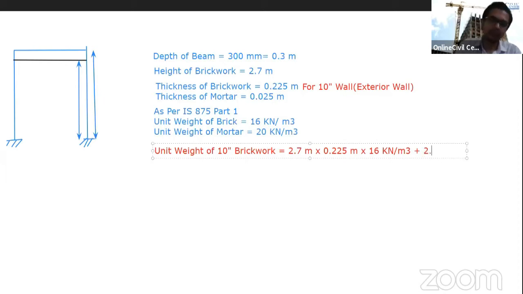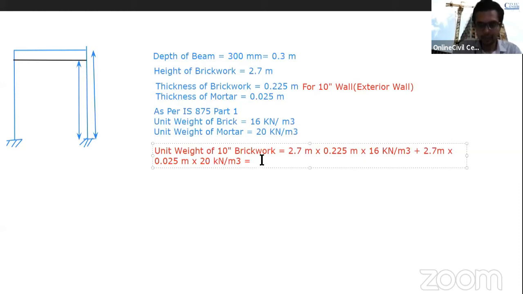This we have done for the brick. Now we'll do for the mortar, for the plaster: 2.7 meter into 0.025 into 20, which will be the value. Here we can just insert the units if you want. It will be 20 kilonewton per meter cube, which equals 9.72.